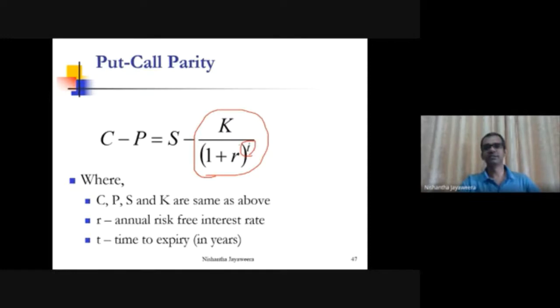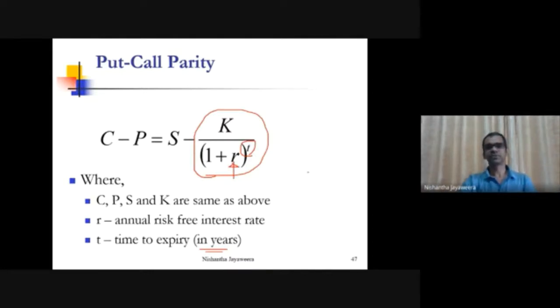This T, as you remember from how to calculate the present value, should be in years, because you use the annual interest rate here. So this is the only difference from the previous equation. Instead of the strike price, we use the present value of the strike price.